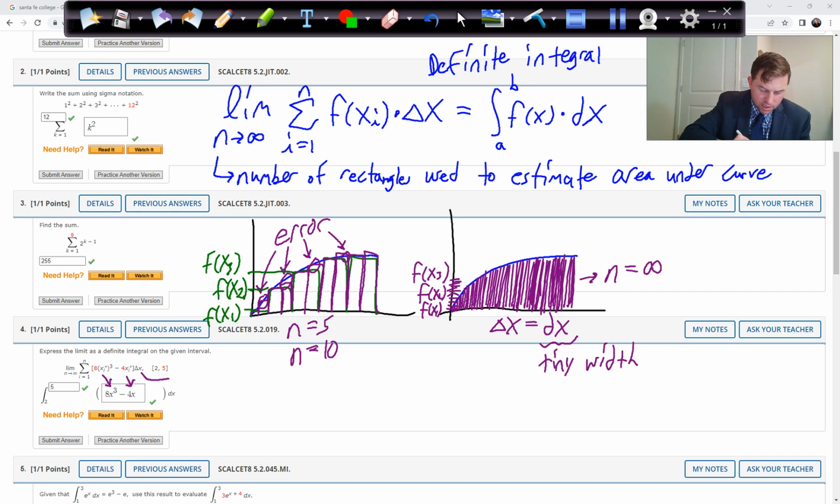And delta x is going to become dx. And then a is 2 and b is 5. Those go on what we call the lower limit and the upper limit of the integral. So that's how you would set it up. You can map this summation directly to the integral this way.